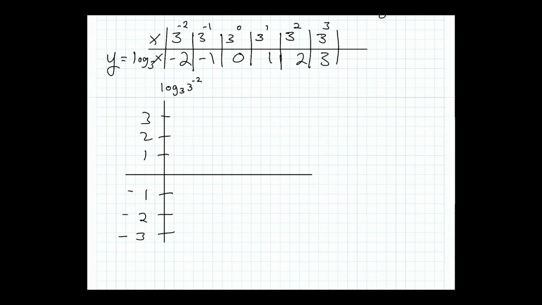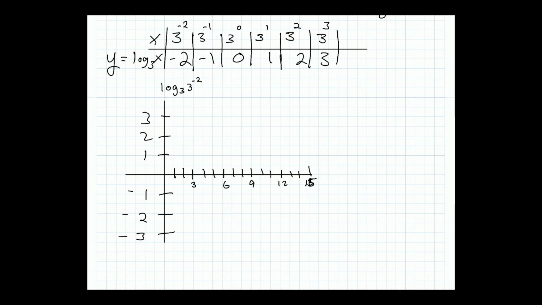For the x values, the biggest one is 3 to the 3, which is 27. That's probably not going to fit on here, but the next biggest one is 9. So let's go 1, 2, 3, up to 15. All right, so that's the graph that we're going to use.